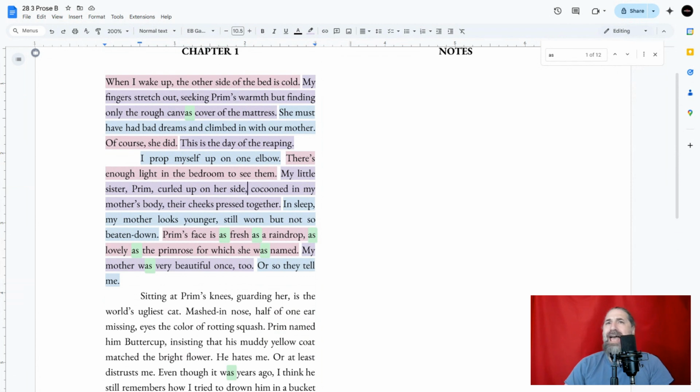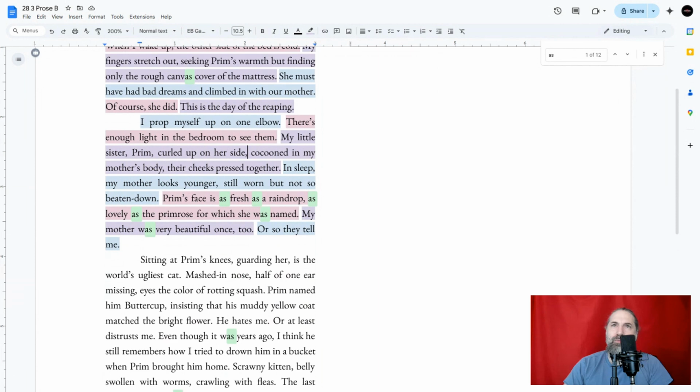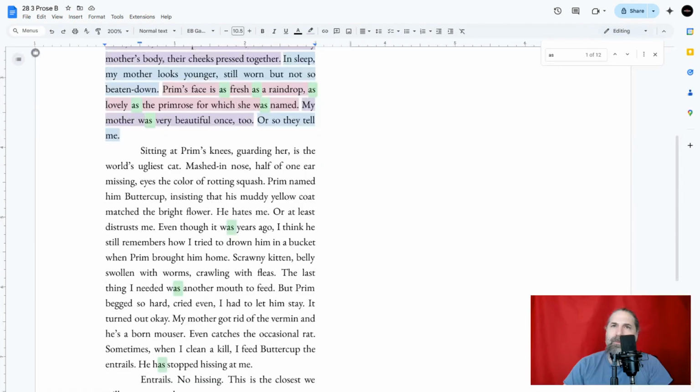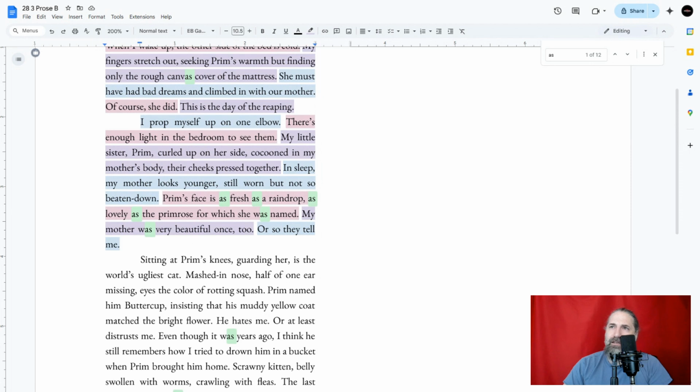"Prim's face is as fresh as a raindrop, as lovely as the primrose for which she was named. My mother was quite beautiful." Now, there's a lot of "as"s there, but it's not used as in like she opened the door as she stepped through it, right? It's just, there's a lot of "as" there. Because it's as fresh as a raindrop, as lovely as the primrose.